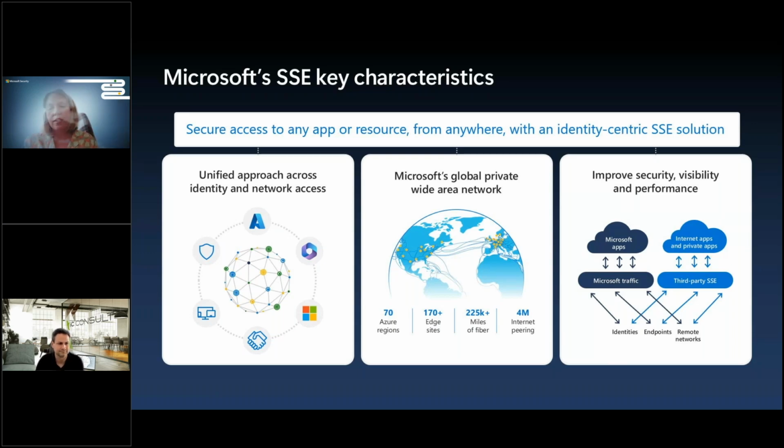And that also makes it very compatible, so it can be deployed alongside other SSE solutions, other third parties that you might be using in tandem. So it does work side by side with others very well.